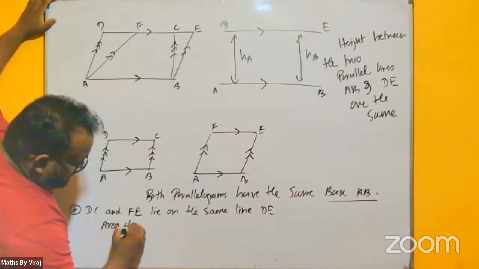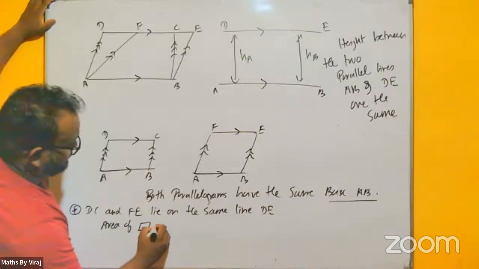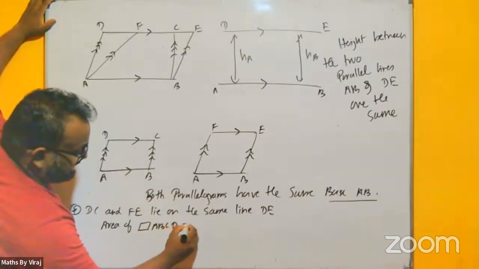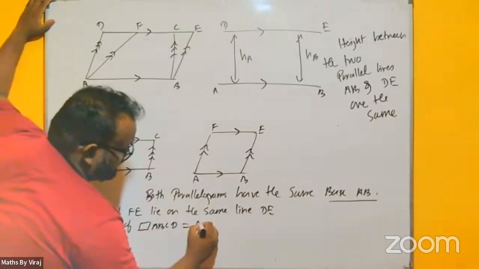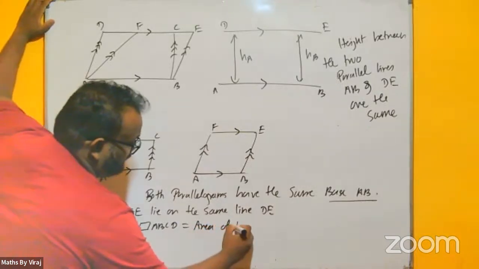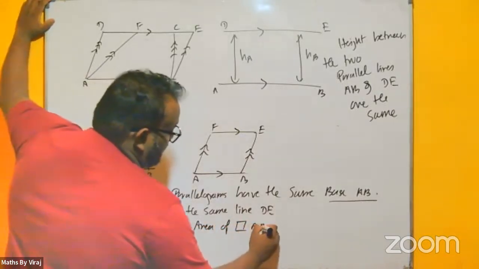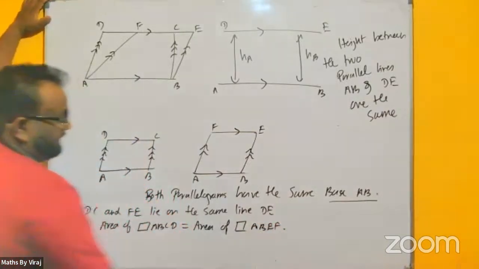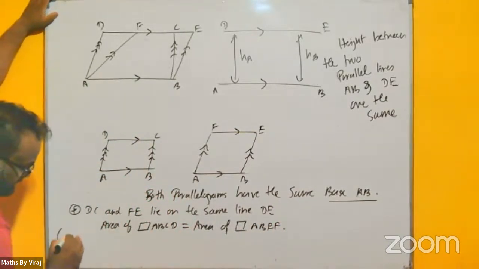Area of parallelogram ABCD is equal to area of parallelogram ABEF. What is the reason?